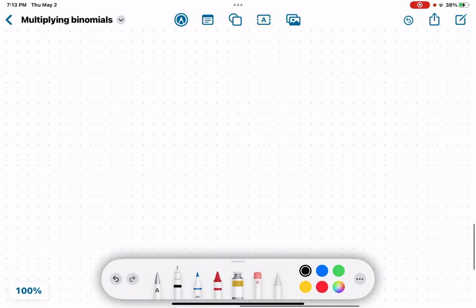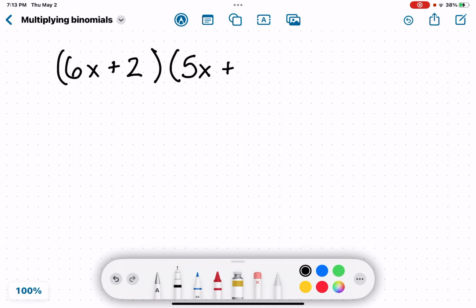So let's start with 6x plus 2 times 5x plus 3. Okay, I know, a little daunting at first, but the same exact method. Before, instead of multiplying one number, now we have 2.